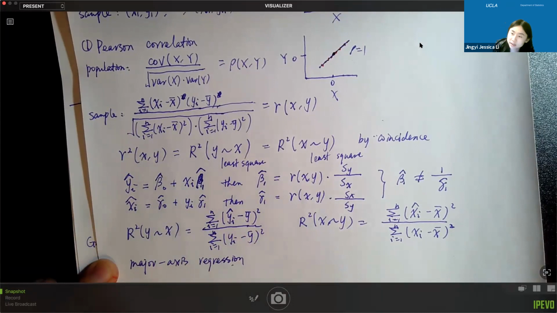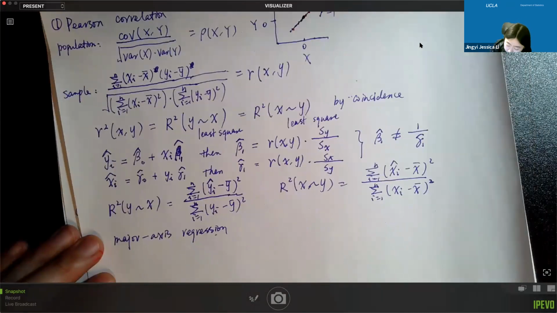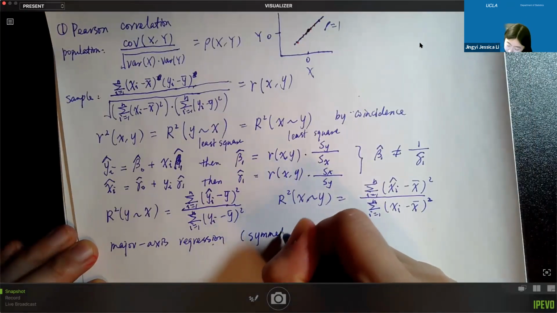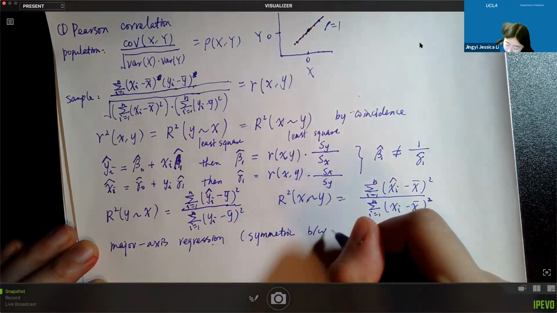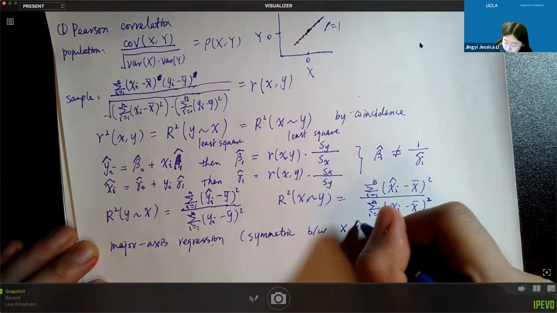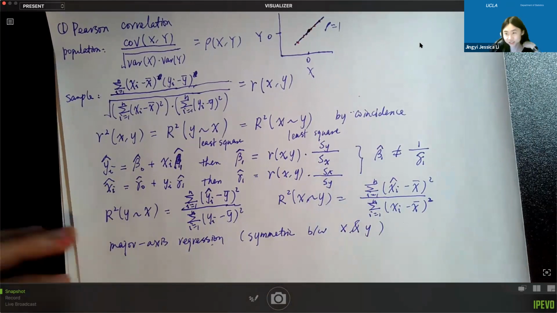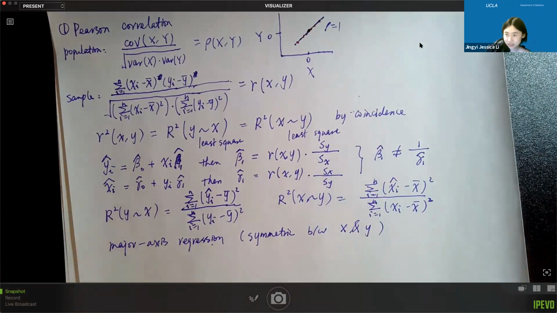This is symmetric between X and Y. Very interestingly, the major axis regression corresponds to the first principal component if you do PCA on the matrix of X1 to Xn and Y1 to Yn.